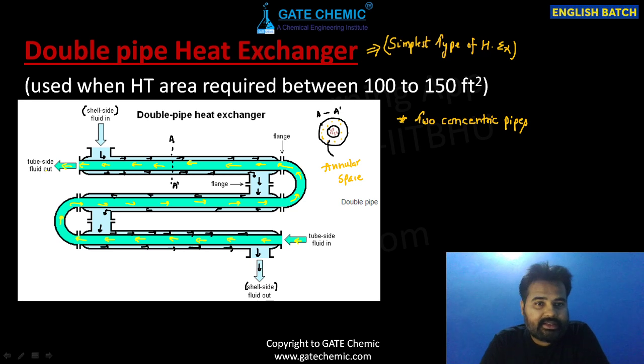Now you can say beta, they are not in any type of physical contact, but they are in thermal contact. That means they can exchange their heat. Suppose I am assuming this inside fluid as my hot fluid, so this is hot fluid in and this is hot fluid out. I think yellow is not visible.